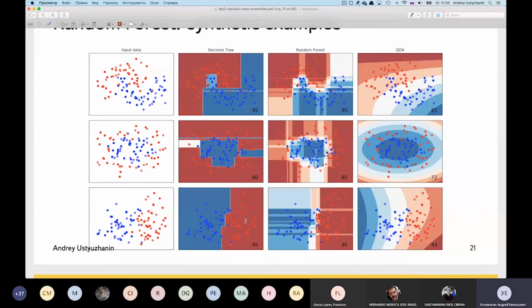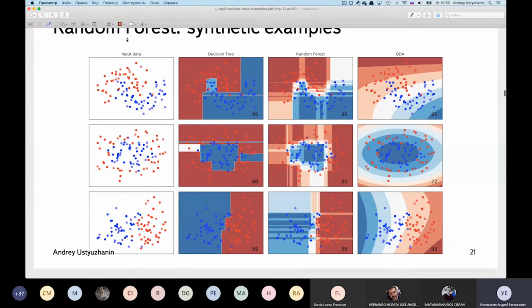And here is the illustration of how input data is split into partitions by different algorithms. We consider decision trees, random forest, and some other algorithm, quadratic discriminant algorithm. You see the picture of decision trees for different kinds of input data.